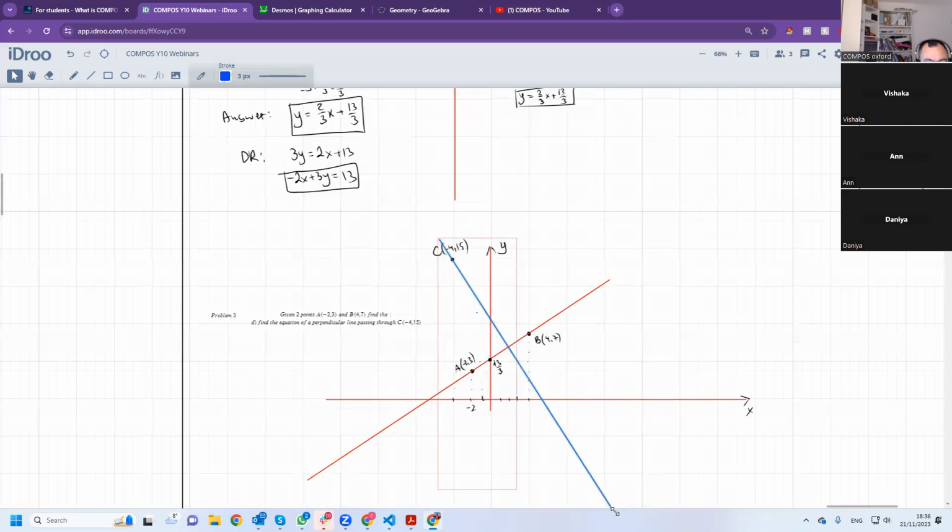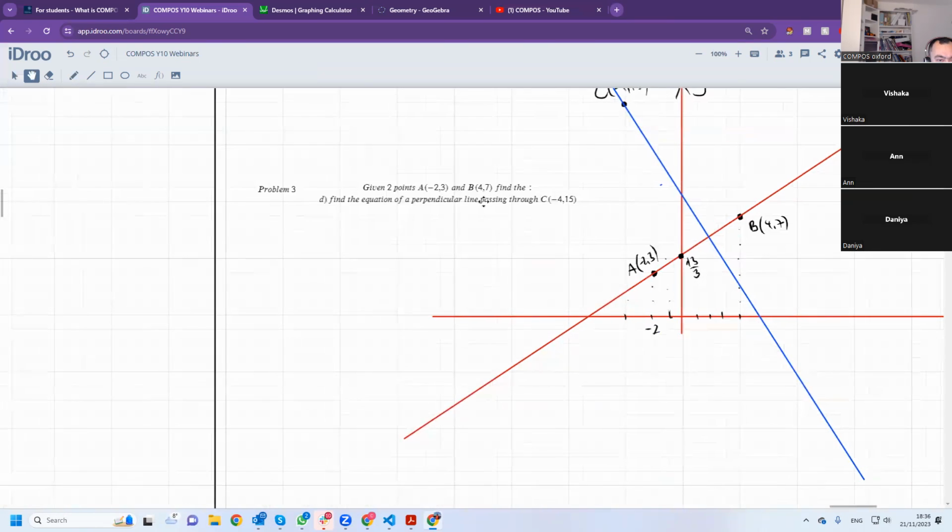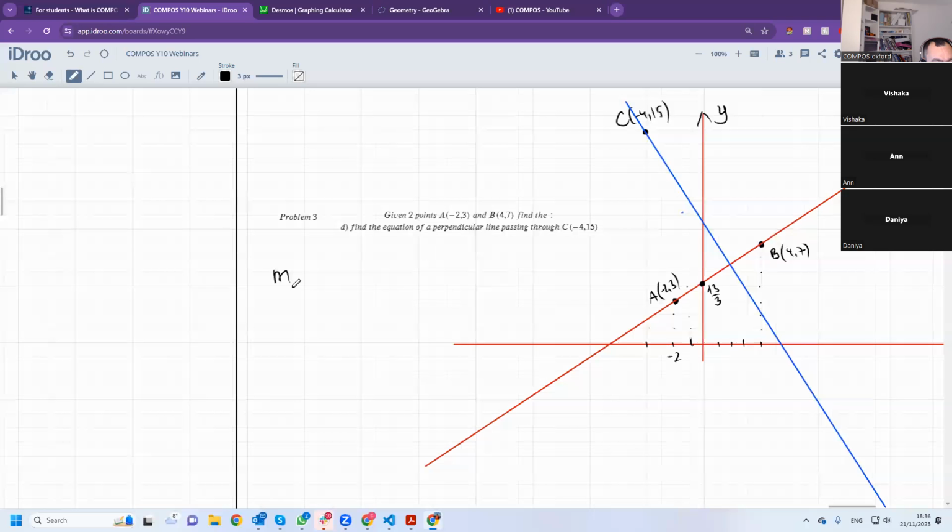Okay. So what do we know? Well, we know that the gradient of AB is equal to 2 thirds. What's the gradient of the line CD? You can tell me? -3/2. Well done. -3/2. Because if two lines are perpendicular, the product of their gradients is -1.